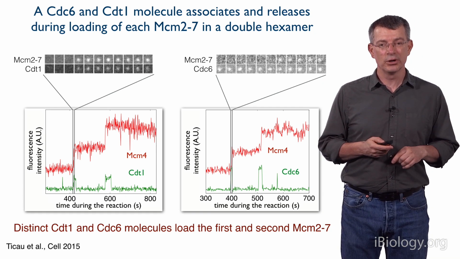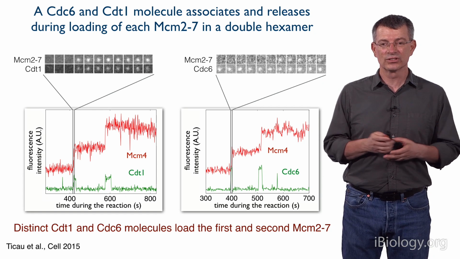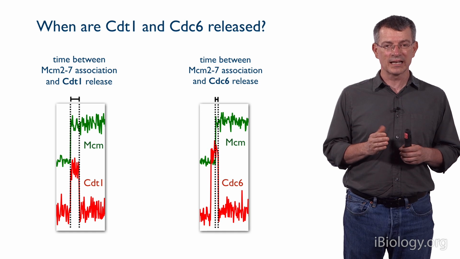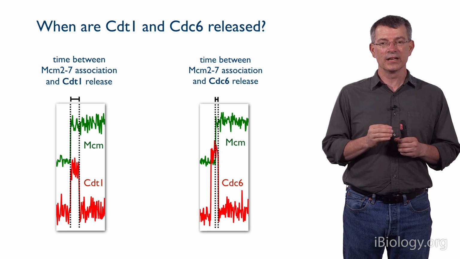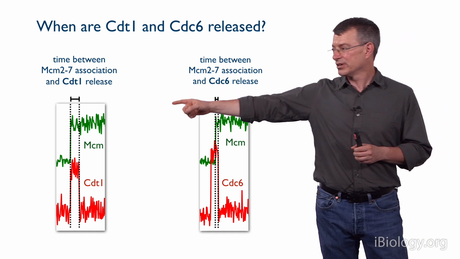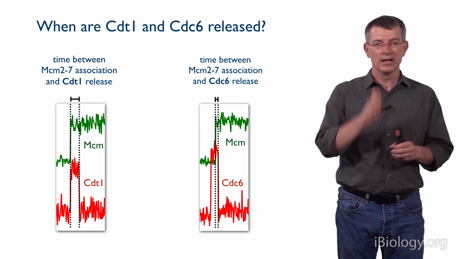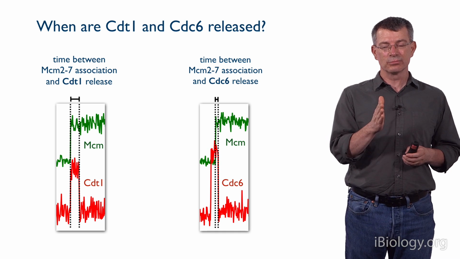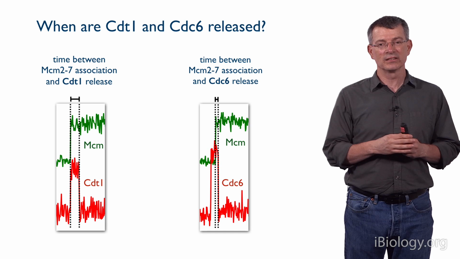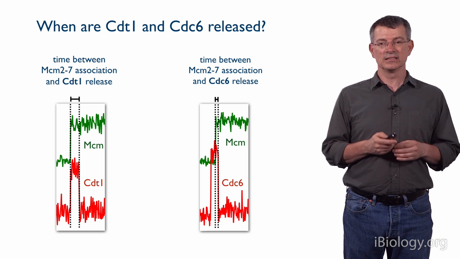So we use this post-hoc synchronization in order to synchronize the events according to a defined event. In this case, we chose the arrival of MCM on the DNA. So whether we're measuring CDC6 release or the CDT1 release, we measure the time with a starting point of t equals 0, so to speak, of when the MCM that they're associated with bound to the DNA.